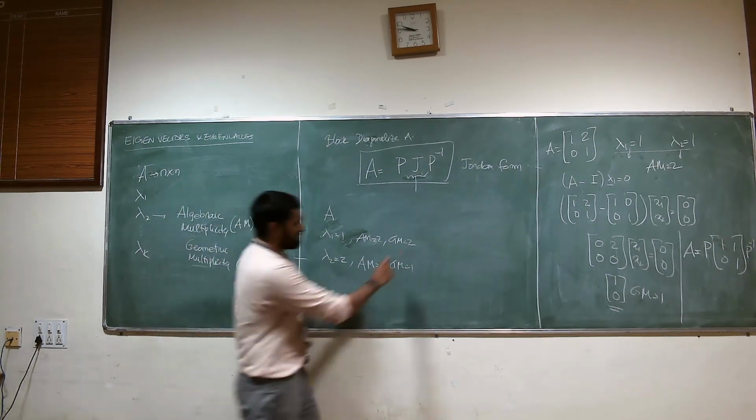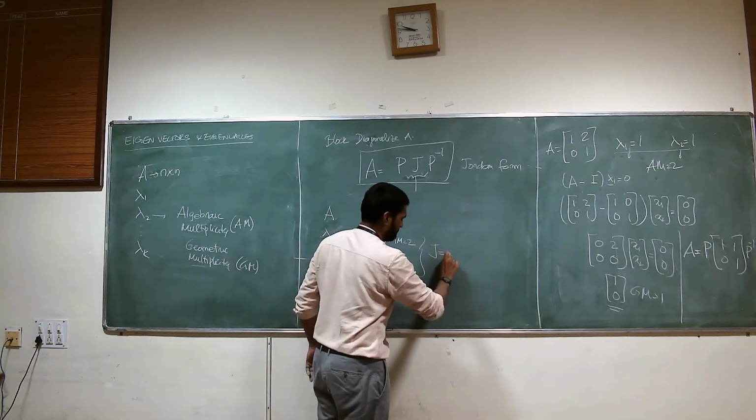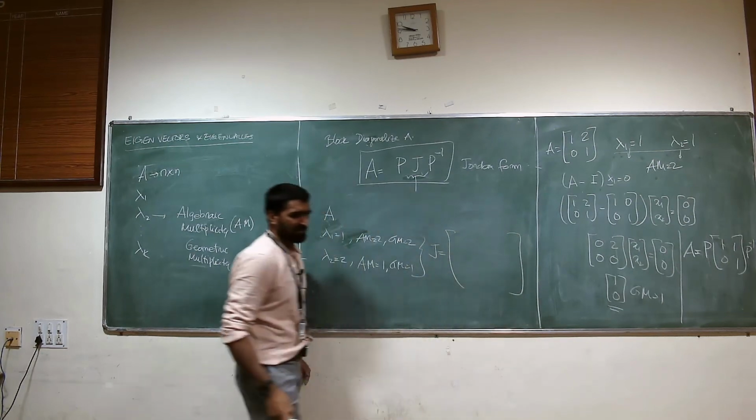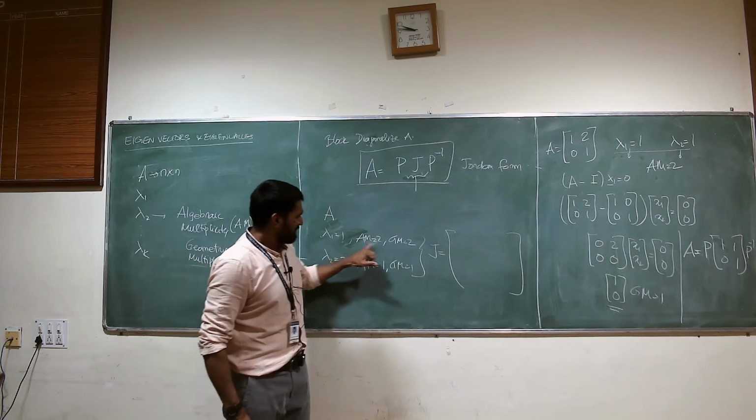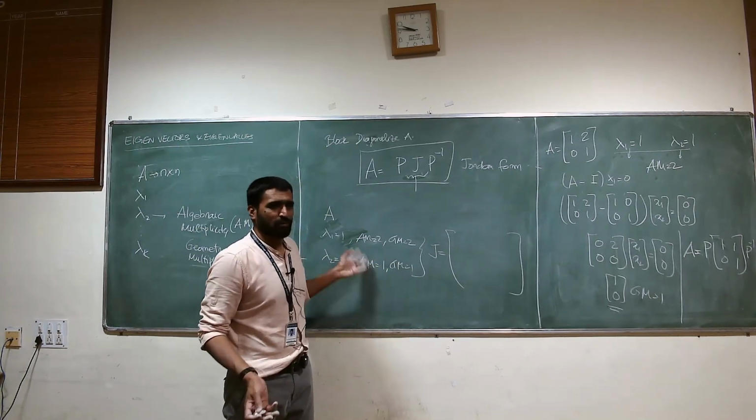What would be the corresponding J matrix here? Well, in both cases, AM equals GM, so there is no problem. You can diagonalize the whole thing.